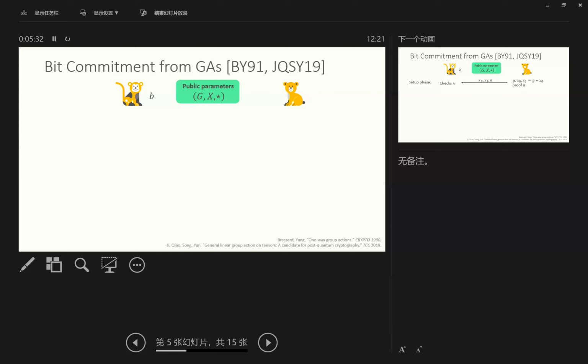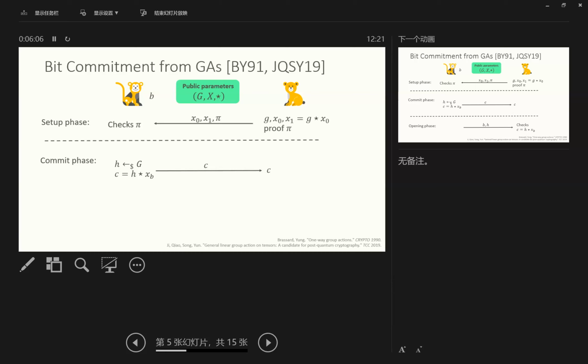We have public parameters given by a group action, and there is a setup phase where the receiver picks at random an element G from the group, an element X0 from the set X, and computes X1 as G star X0. And a proof proving that X1 and X0 are linked. He sends this to the sender, who checks.